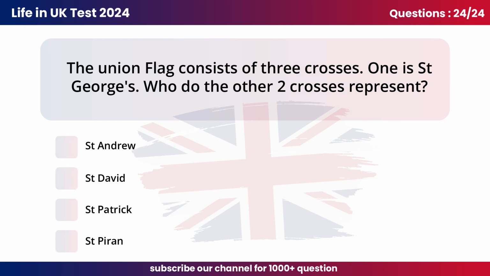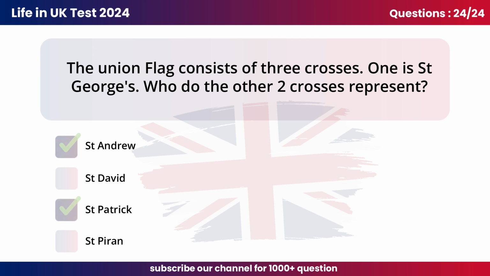Question 24. The Union flag consists of 3 crosses. One is St. George's. Who do the other TWO crosses represent? A. St. Andrew.